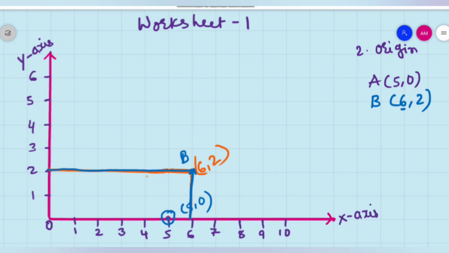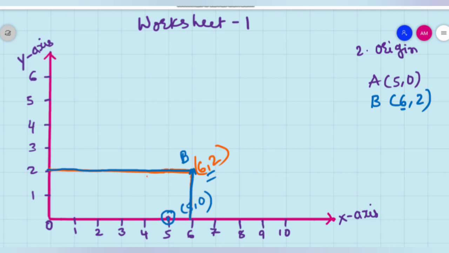Now the point at which 6 and 2 meet is B, 6, 2. This is how you will plot points on a Cartesian plane. Now there are a few more things given here, children, that you will be doing in your graph copies. You will try and you will do. This is how you will do the plotting.